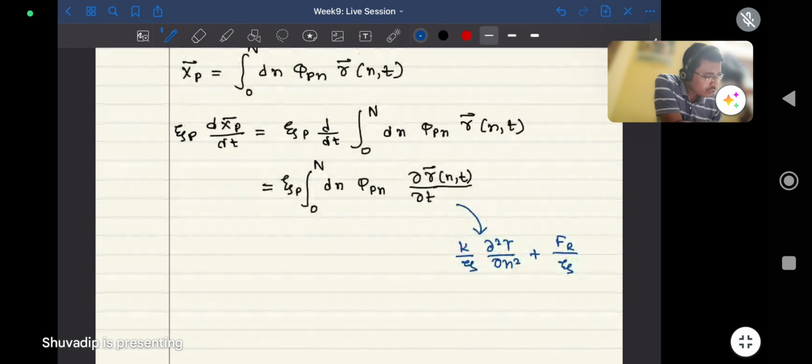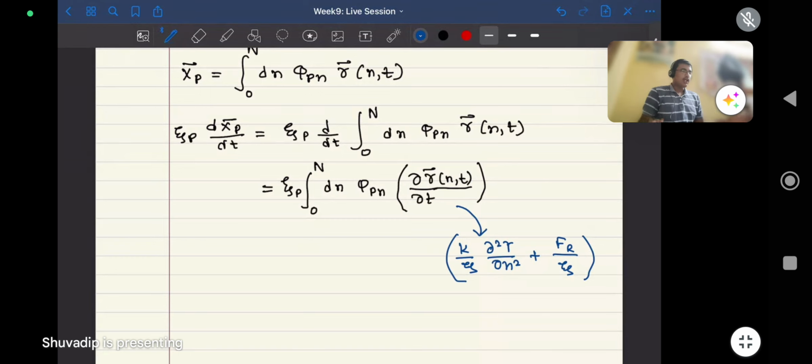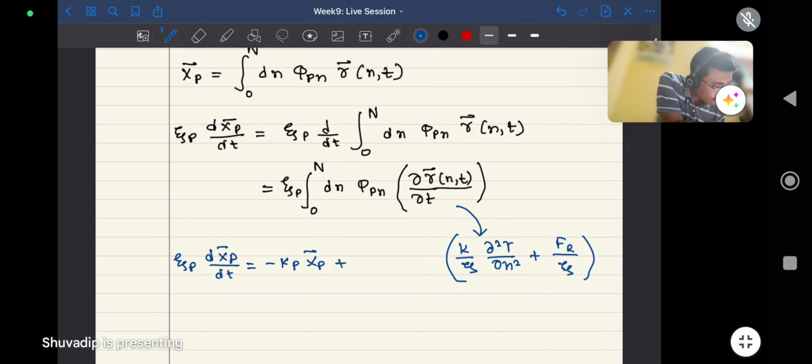So if you replace this quantity with this whole quantity, and then integrate by parts, you will get an equation of the form dxp/dt equals minus kp xp plus fp. So overall this is an ordinary differential equation.